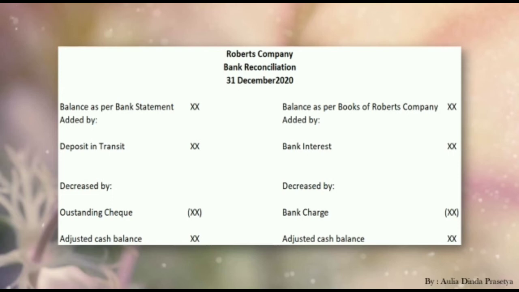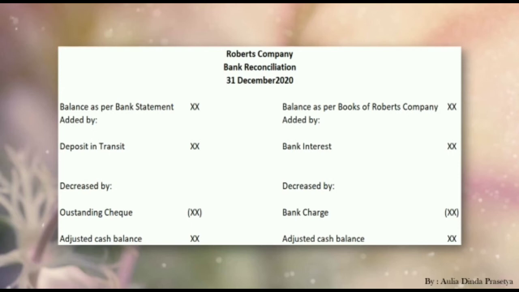What is deposit in transit? This is when the company deposited some money to bank, but bank not yet recorded. So bank needs to add deposit in transit to their account.